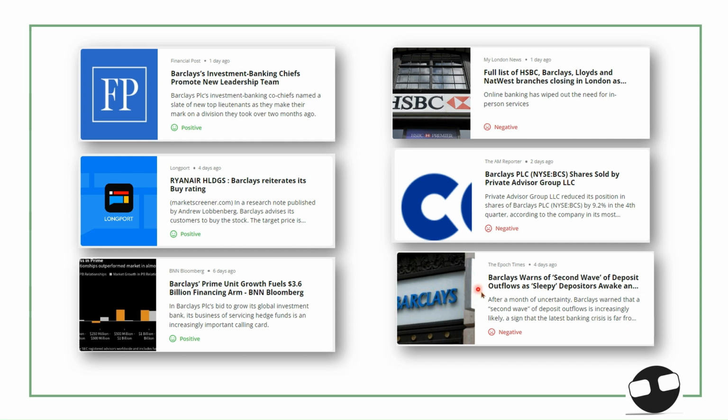And lastly, here we have Barclays warns of second wave of deposit outflows as sleepy depositors awake. So again, this is triggered by the panic that is overwhelming the banking sector right now. So we really have to be defensive and very careful in terms of grabbing or adding some financial stocks in our portfolio.